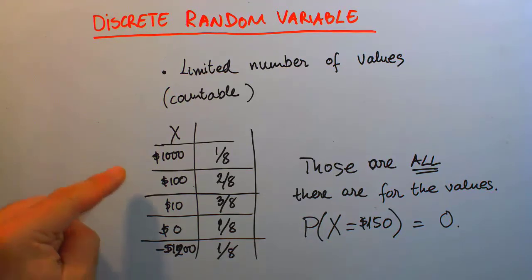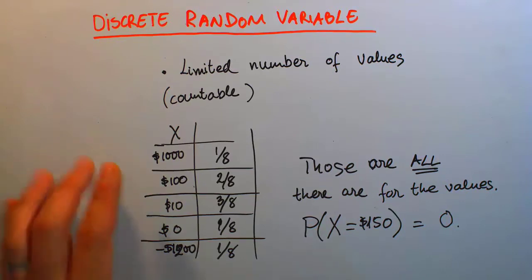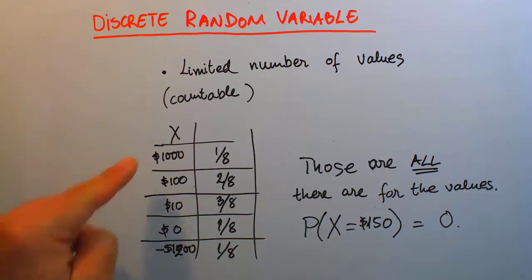In this table we have only 5 different values in this game. Don't get me wrong, I'm talking about having a limited number of distinct values, but we can still have an infinite number of runs, and each time we can add any values bouncing back and forth between these limited values.